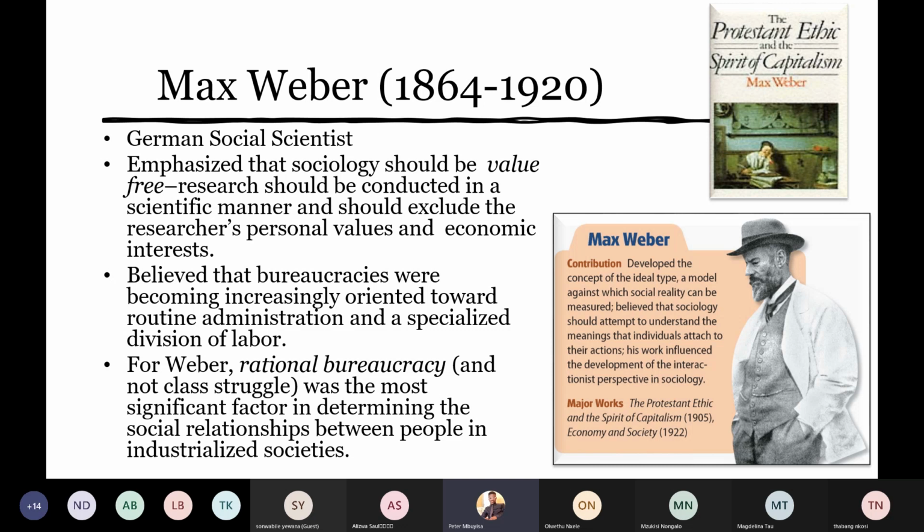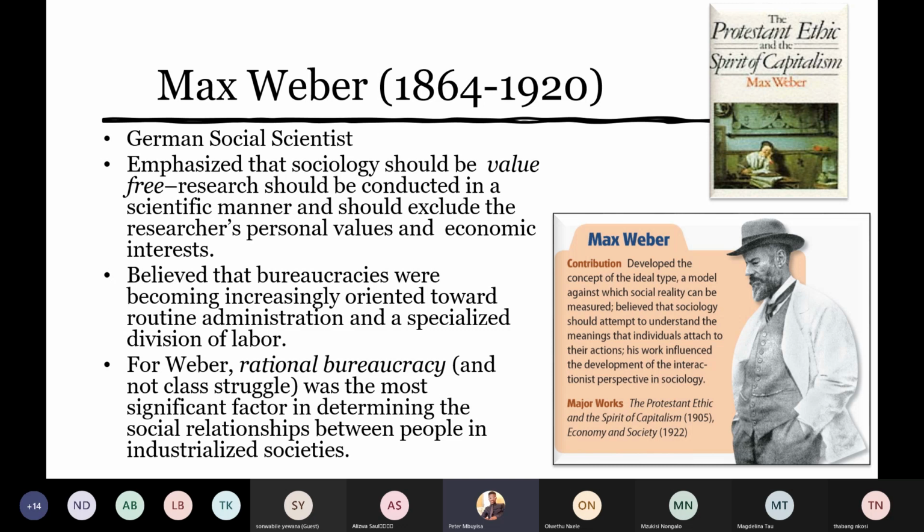Max Weber or Weber, up to you how you want to call it, but the correct pronunciation is Weber, because it's in German. This guy was a German social scientist. He emphasized that sociology should be value-free, which means research should be conducted in a scientific manner and should exclude the researcher's personal values and economic interests.